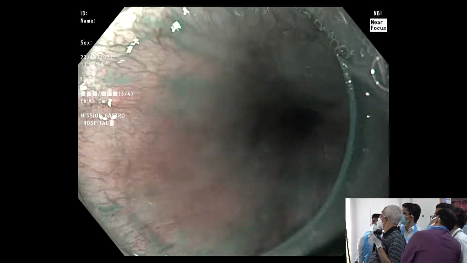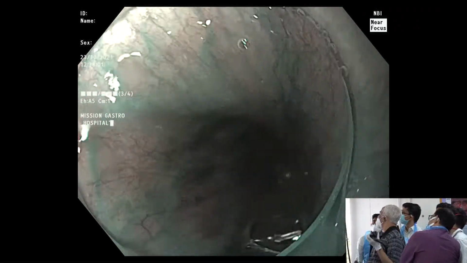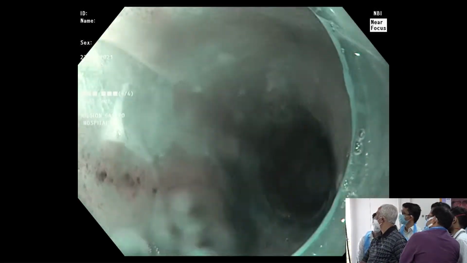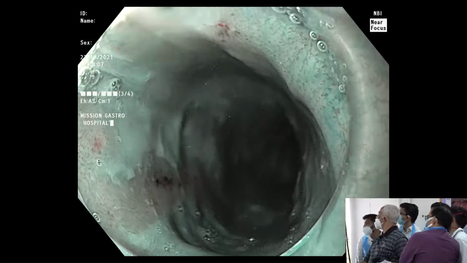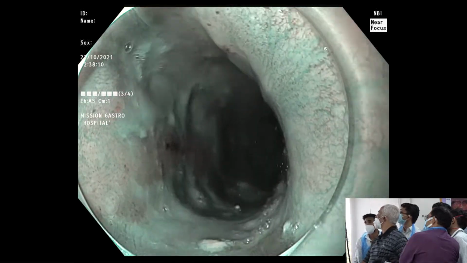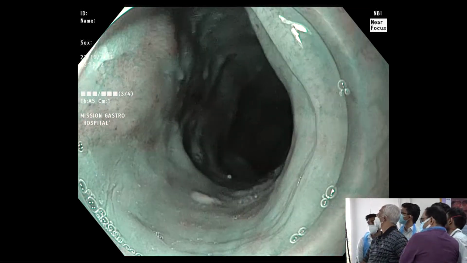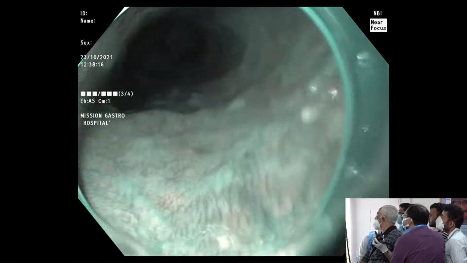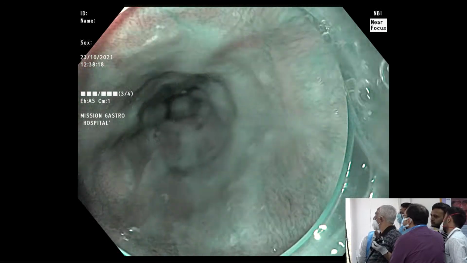It is not required. It was just picked up on white light. I think it's because of this reason. I think for some reason he's got so much of exudate there, I don't know.